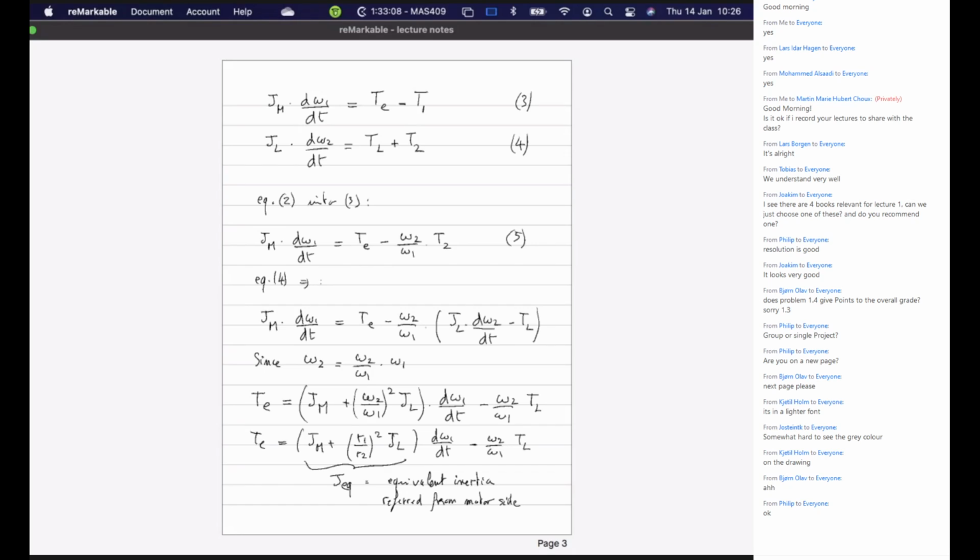I keep this because you will see when we have several gearboxes, it will be easier to use. So that's my formula for a gearbox, for the ideal gearbox.